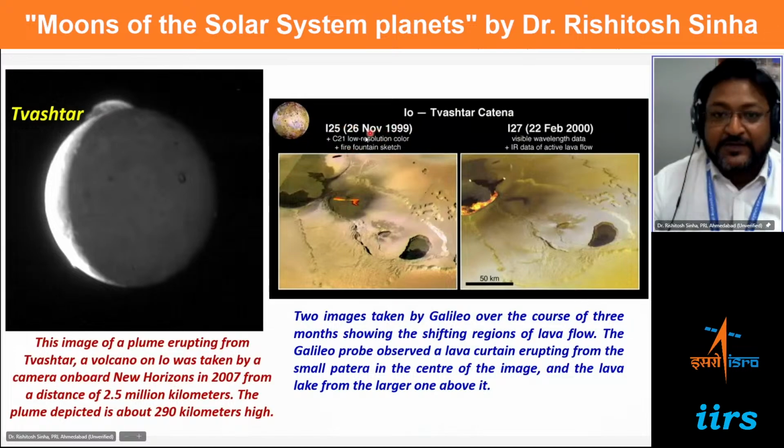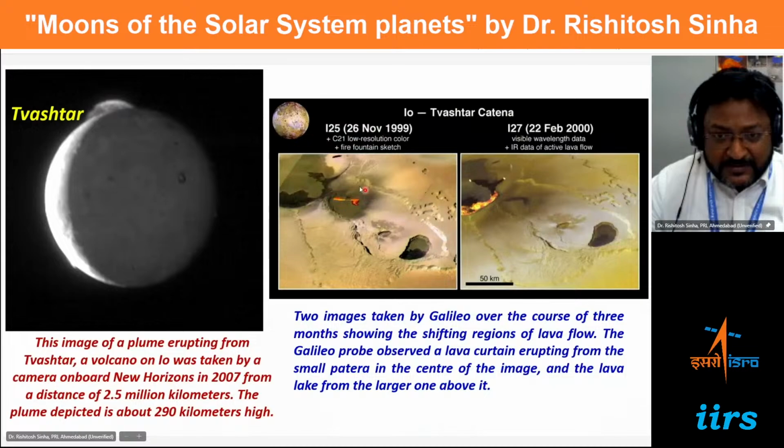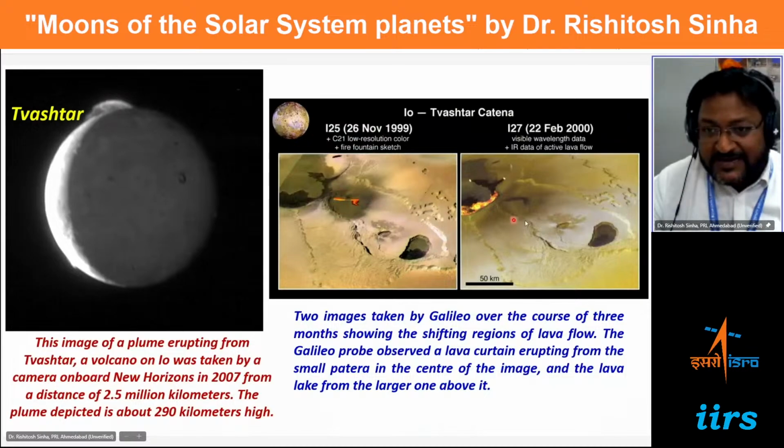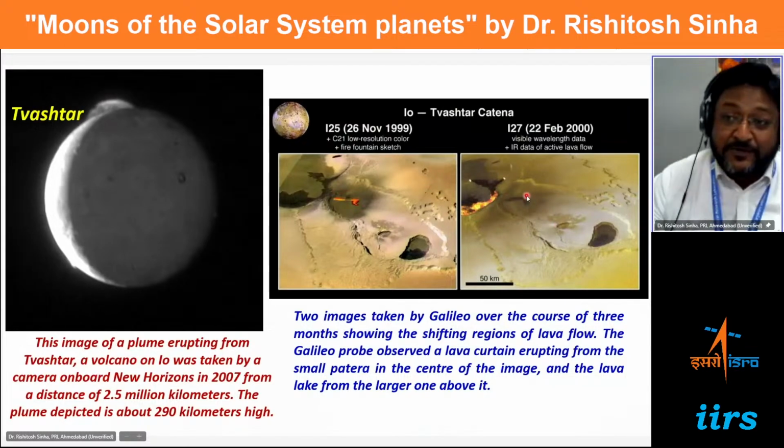If you compare these two images taken by Galileo over the course of 3 months, you can see regions which reveal evidence of shifting lava flow. Initially it was here, but then it grew and it is here. So you can understand from here that Io is one of the planetary bodies, or moons, which has active volcanism.